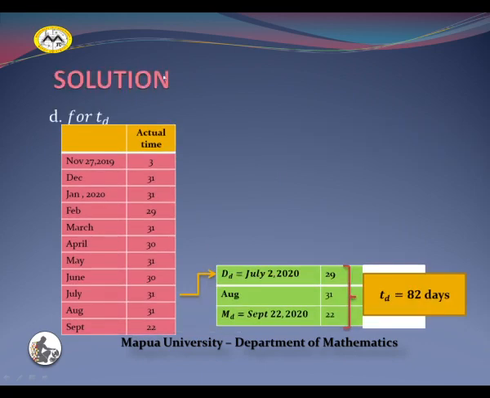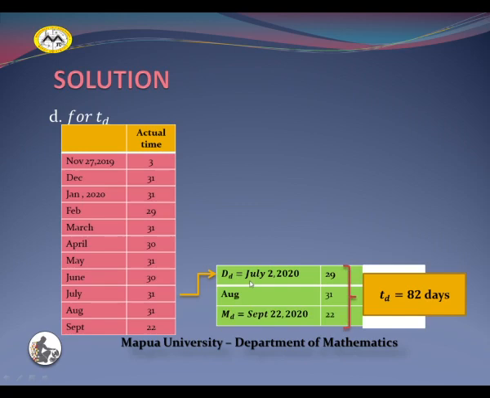And for finding the term of discount, the idea is that before its maturity date, the discounting date was July 2, 2020. So meaning to say that before its maturity date, it has a discounting transaction. So then, from July 2, 2020, counting off the number of days left up to September 22, 2020.